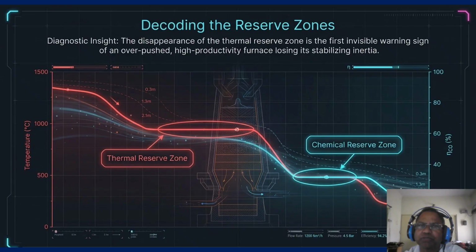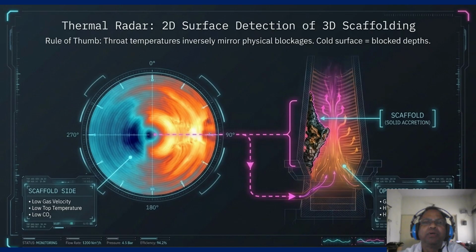While these zones are vertical, we also face horizontal threats like scaffolding that can be detected via thermal radar. Now, as you can see, the 2D surface detection of 3D scaffolding.